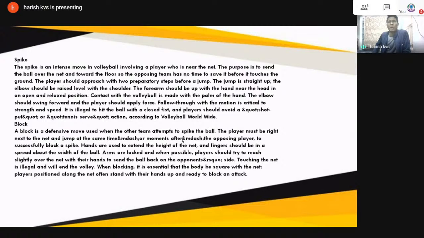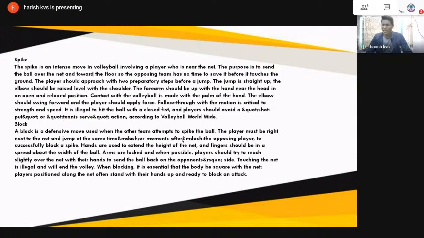They will contact the ball by swinging their arm forwards in a smash direction, and they will try to place it on the opponent's floor and score a point. Most of the time, returning a spike is very difficult. One player or one team needs to be on high alert in tackling the spike.